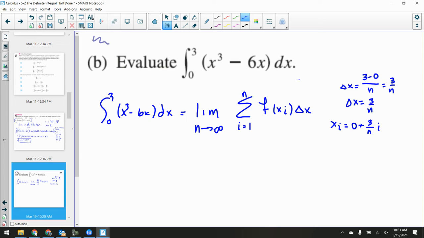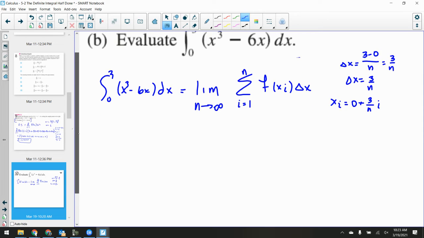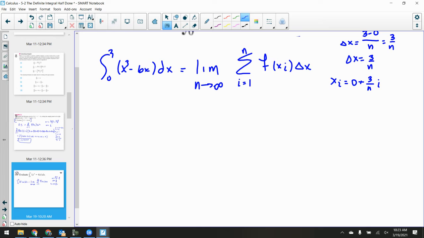I'm going to write it as 3i over n. So here's what we have here. We have the limit as n goes to infinity, going from 1 to n of f of 3i over n times 3 over n.